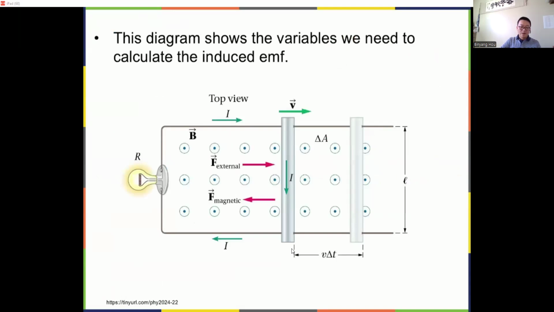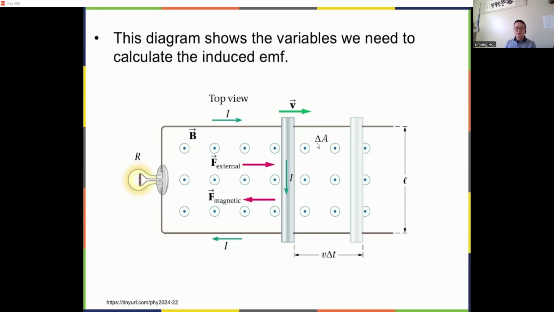All right, so let's take a look at this diagram over here. Again, two rails and then a resistor, and this rod is moving to the right. The change in area over time delta t should be just this L times this width here, V times delta t.